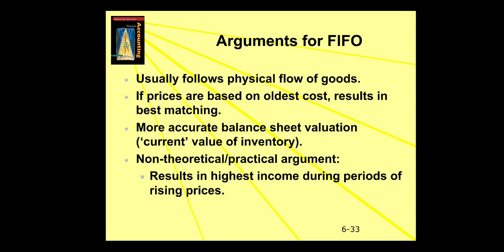Sometimes in some accounting periods, the price of inventory rises very quickly. So if you use the FIFO method, you will report the highest income or profit, because when you purchase the inventory at the beginning of the year, the price is low, so when you sell, you make a good profit.